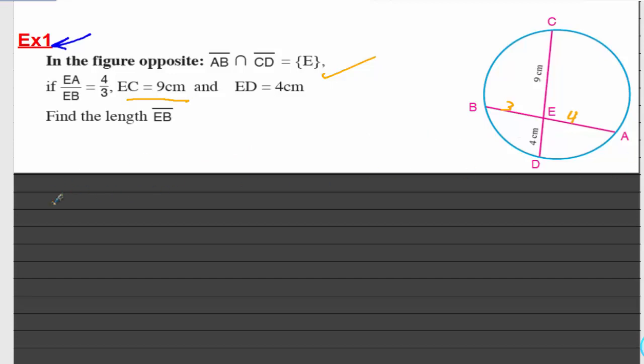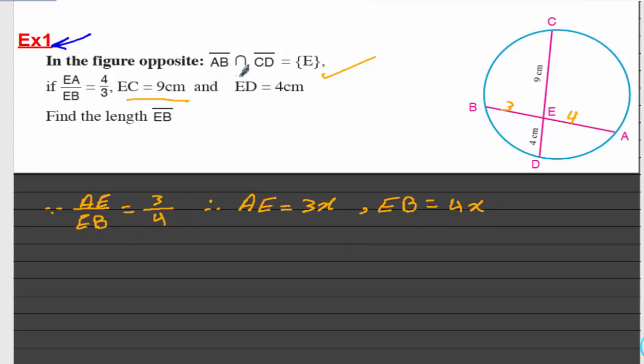So since EA over EB equals 3 to 4, you can consider AE equals 3x and EB equals 4x.